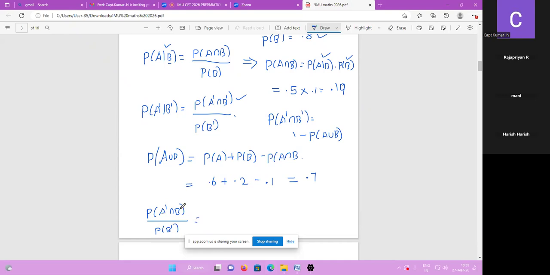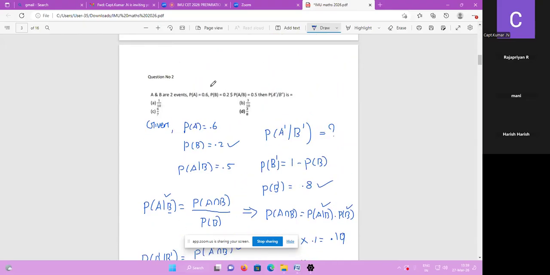So this is nothing but 1 minus probability of A union B divided by probability of B dash. So this is nothing but 0.3 divided by 0.8. This is nothing but 3 by 8. So our answer will be 3 by 8.